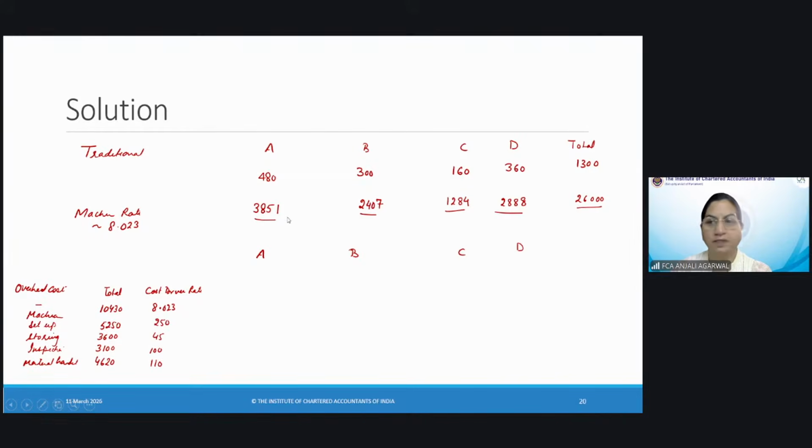Sorry, under the traditional method, 26,000 is to be divided by 1,300.